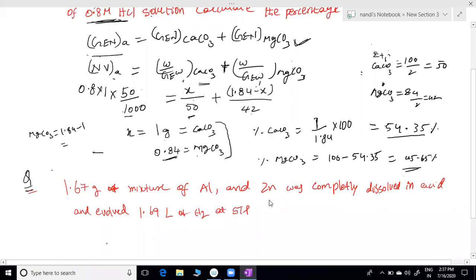Calculate the weight of aluminum and zinc in the mixture.